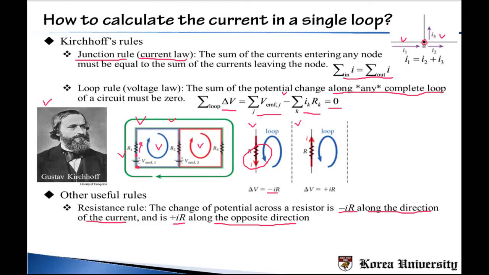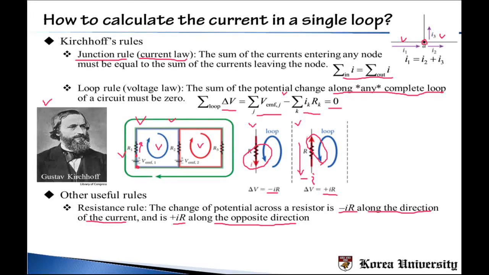Then these two arrows are pointing in different directions, right? In that case, when you go around the loop, the potential change has to be plus IR. Why? Because the current going up by the amount of plus I is actually equivalent to saying that current going down by the amount of minus I. So therefore you have to do minus of minus I multiplied by R, and you will get plus IR.